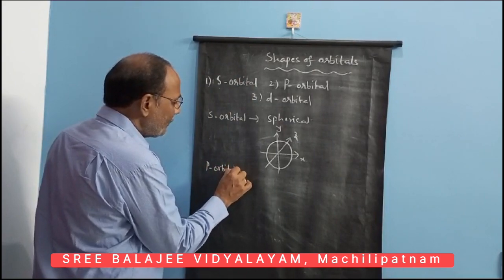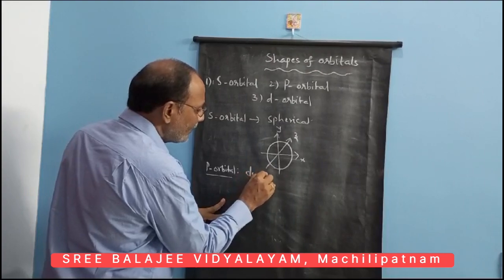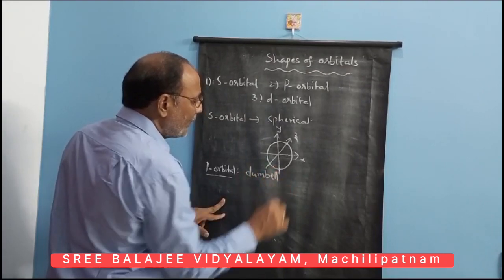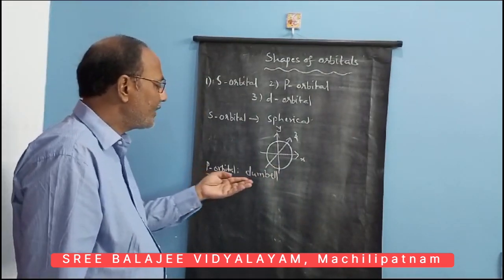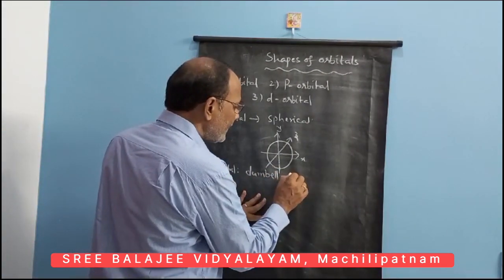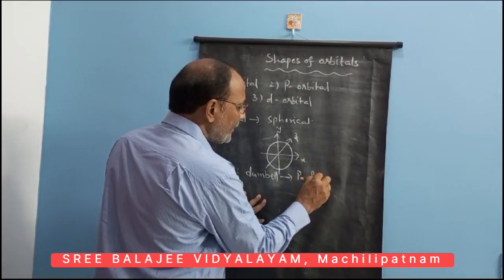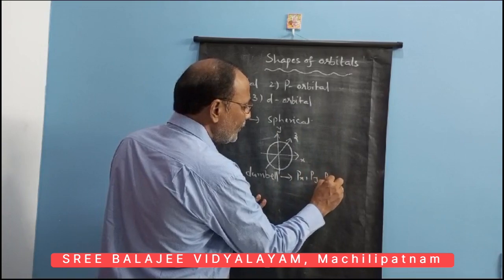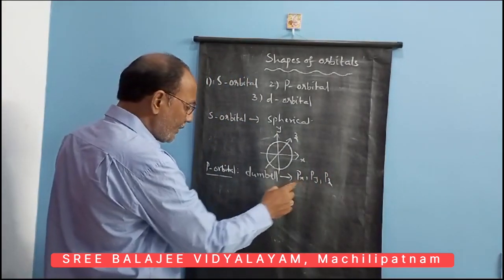The second one is the p orbital. The shape of the p orbital is dumbbell shape. The p orbitals are divided into three varieties: px, py and pz. Now come to the shape of the px orbital.